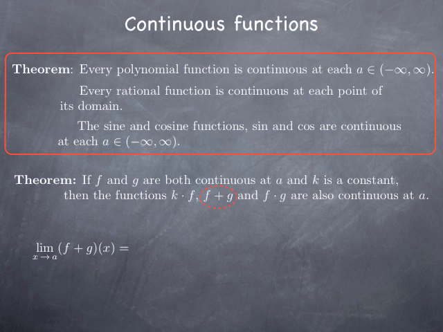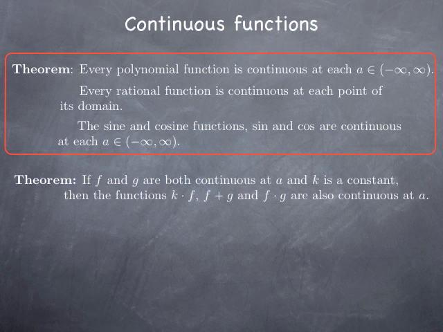And similarly, the limit of g at a is g of a and of course exists because g is continuous at a. Therefore, the limit of the sum is the sum of the limits, and it is f of a plus g of a, which of course is just the value of the function f plus g at a. So that justifies that f plus g is continuous at a if f and g are.